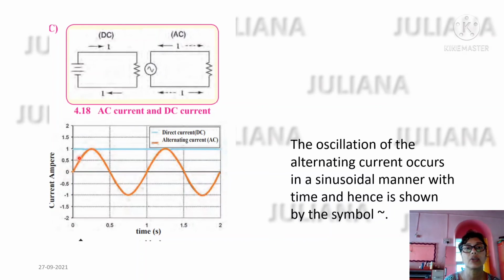It starts from zero, becomes maximum, then becomes less, and again comes to zero, and then again it starts increasing but in the opposite direction, and then it starts decreasing till it becomes zero again, then it increases to maximum, and then becomes zero again, then it increases to maximum but in the opposite direction, because the alternating current occurs in a sinusoidal manner with time. Hence the sine wave symbol is also used to show AC current. So therefore here we are showing AC current with the help of this symbol.